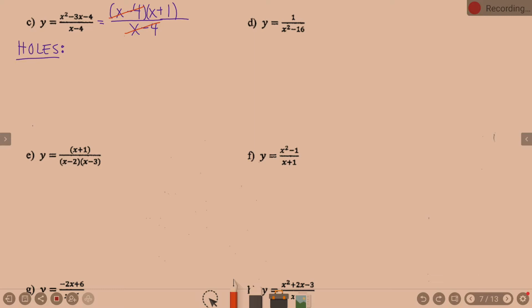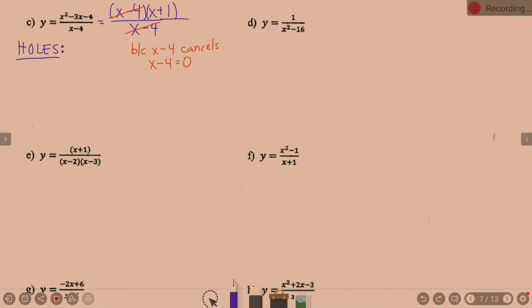And so because that x minus 4 can cancel, that's going to represent a hole. I'm going to say because x minus 4 cancels, your hole is going to be at x minus 4 equals 0. If you have x minus 4 equals 0, what does that become?